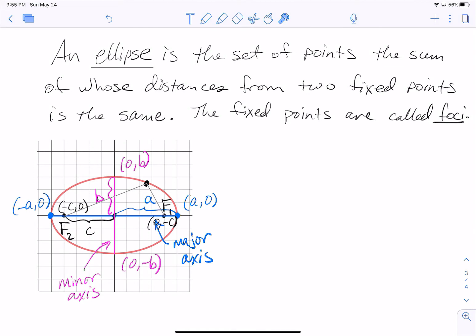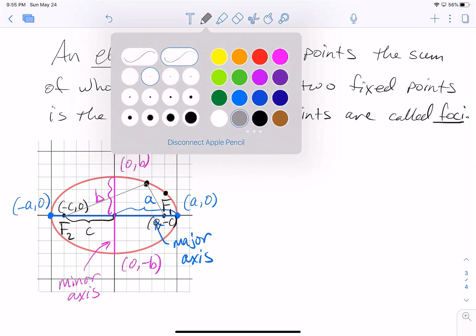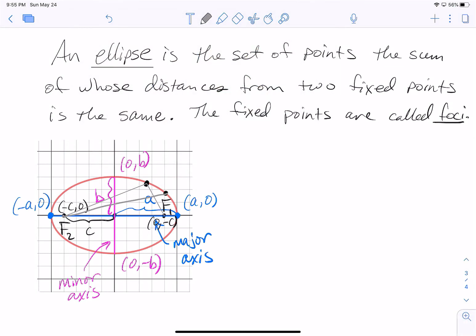The thing about the ellipse is it doesn't matter what point you pick on the ellipse, the sum of those two distances will always be the same. So I'm going to call those distances D1 and D2. And the statement is that D1 plus D2 is a constant.